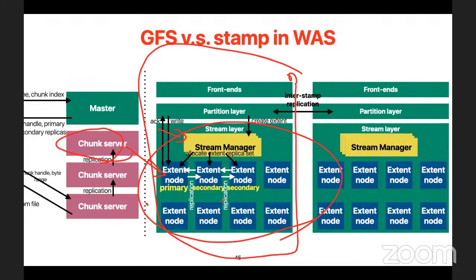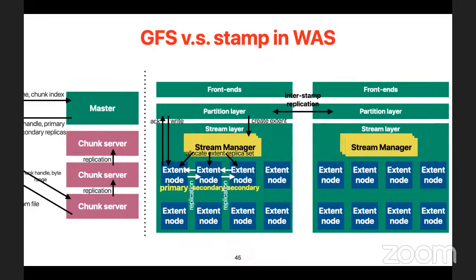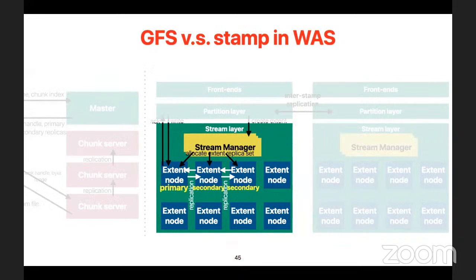So it means that your data not only exists with 3 replicas in the stream layer, I also create a clone somewhere else in the data center, and the data center can be somewhere else. So it's also providing some sort of geo-replication of your data and the whole file system service. So that's the whole idea of the Windows Azure design. All right, so we will wrap up with Windows Azure design in the next lecture.